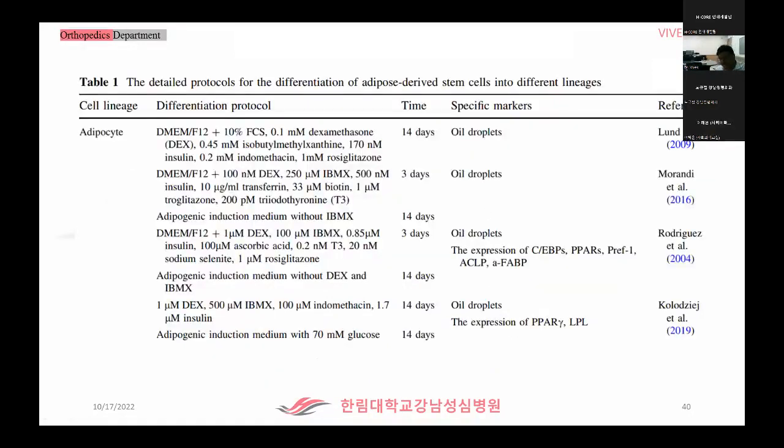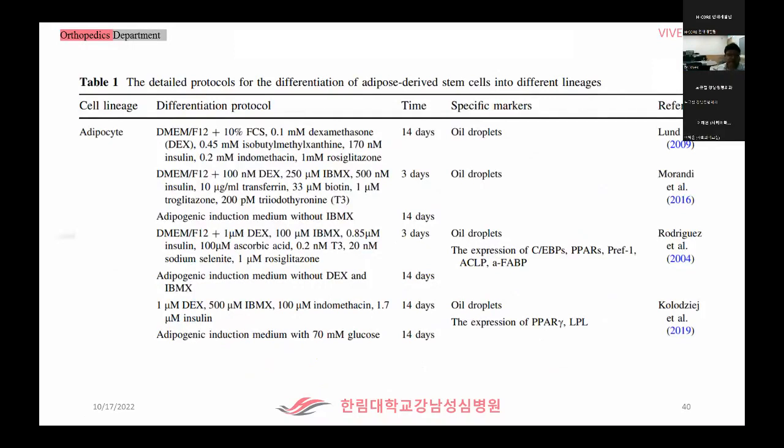So you may ask, is any protocol already established? Yes, there is so much literature that suggests how we can guide adipose-derived stem cells into a specific type of cell.